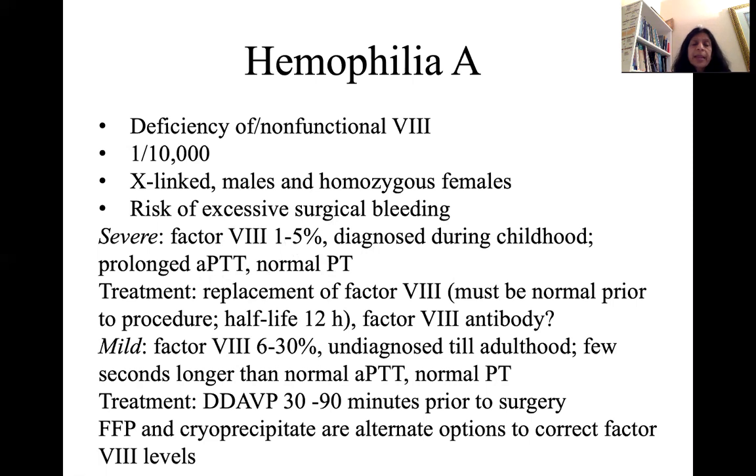So the treatment for it is obviously to replace factor 8. Okay, so it must be controlled, must be normalized before the procedure. If you know that this condition is severe, it must be in normal levels.